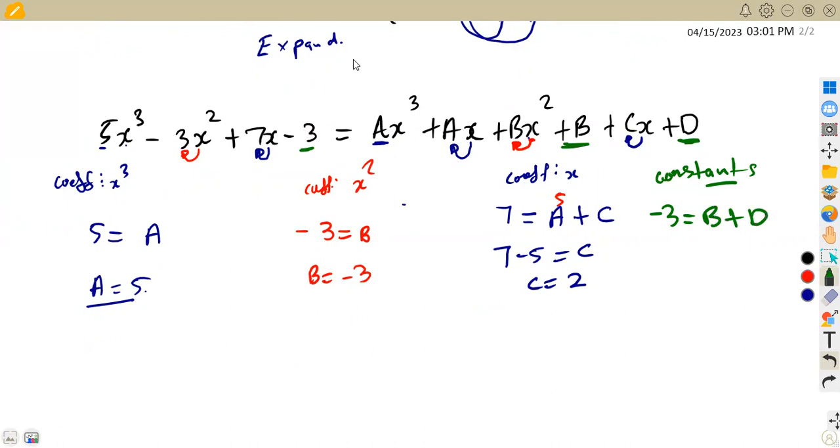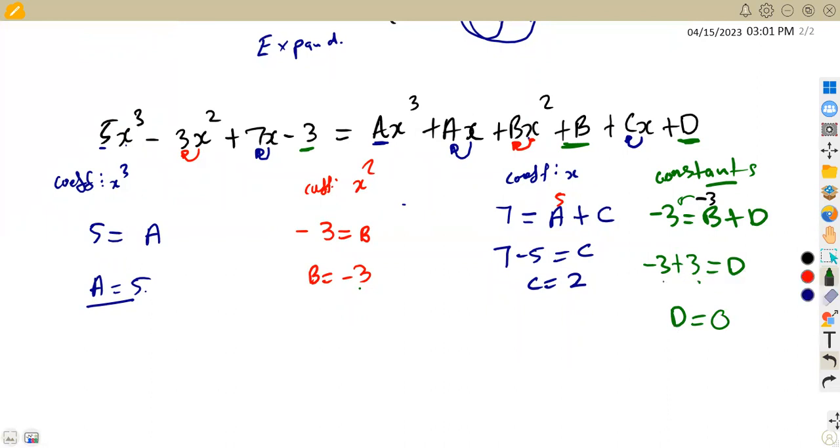We can substitute what we have. b is -3, so that is going to be -3 here. If we transpose -3 to the left-hand side, it's going to be +3 is equal to d. So d is equal to 0. -3 plus 3 is 0.